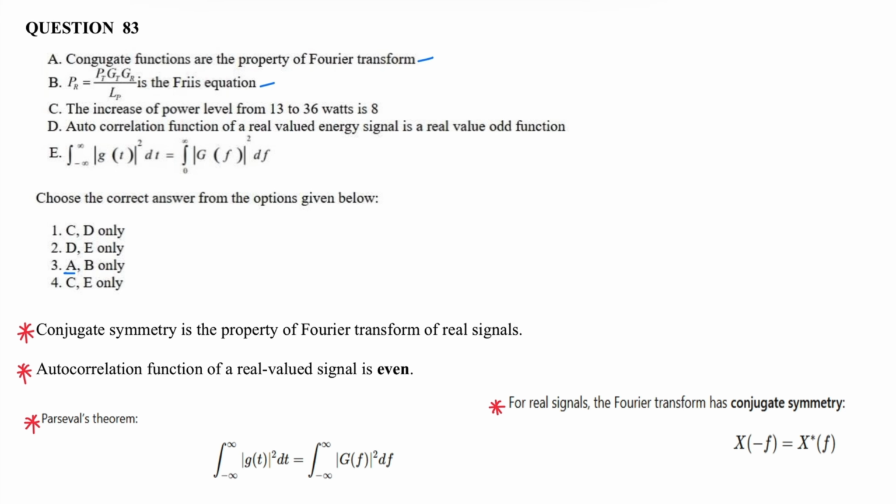For statement C, the increase of power level from 13 to 36 is 8 dB. So let us calculate this. Power level from 10 log 13 base 10 to 10 log 36 base 10.